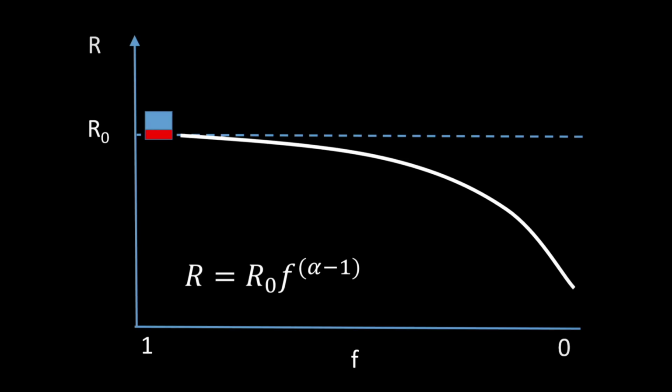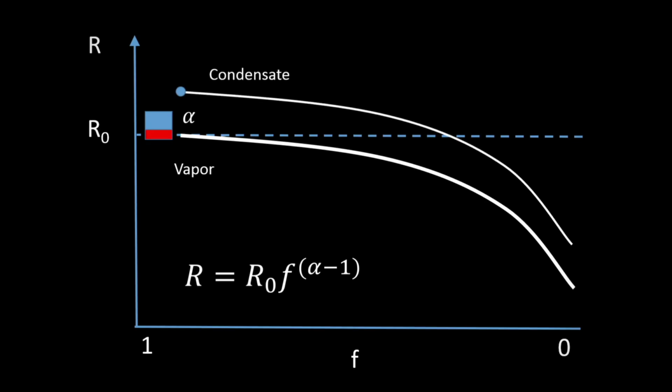Ultimately, as F goes to 0, R becomes essentially 0 as well, which gives us a delta value of minus 1000. Now this is for the vapor. We can also think of how the precipitation might change with this. We know the precipitation is in isotopic equilibrium with the vapor, so at any point along the way, we have just the equilibrium fractionation to give us the isotope ratio of condensation.